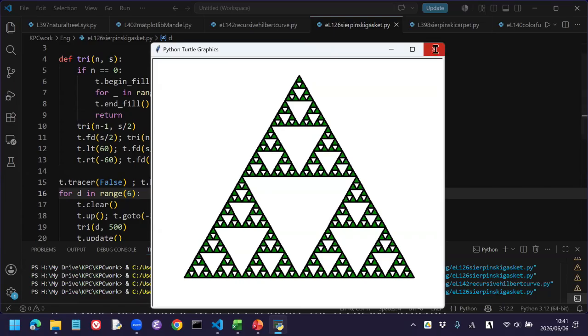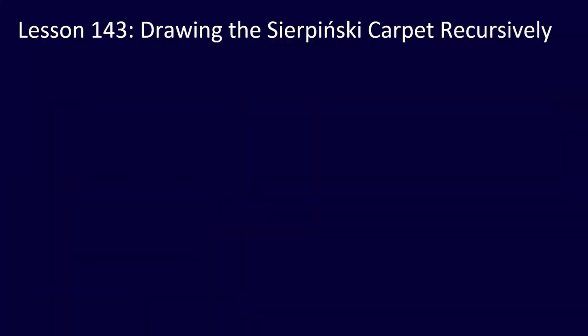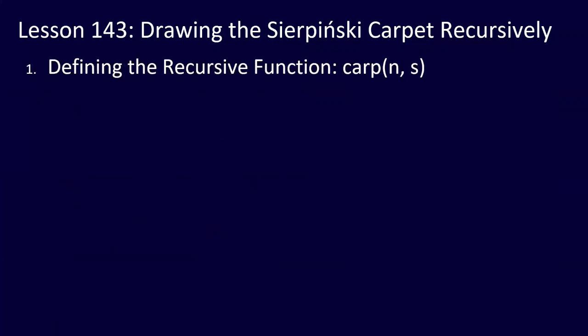So today we're going to revise this to draw the Sierpiński carpet recursively. It's also enjoyable, I think. So let's continue. We define the recursive function carp instead of tri, but basically it's very similar.